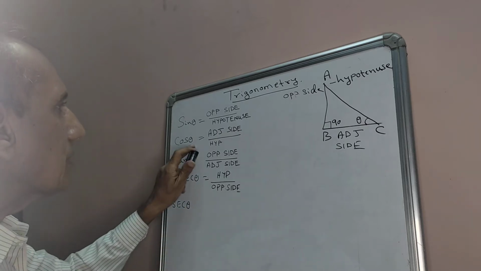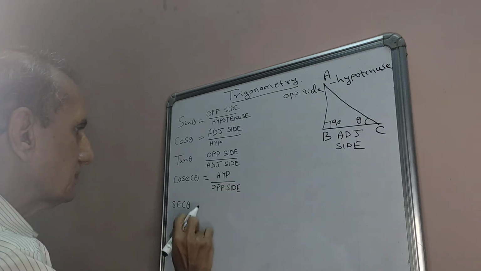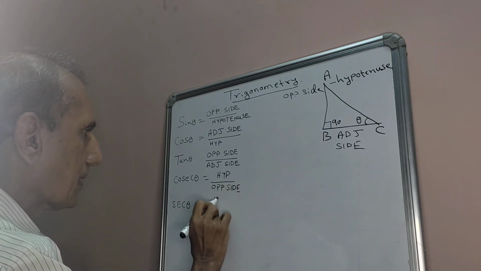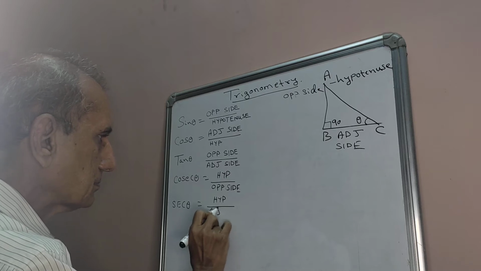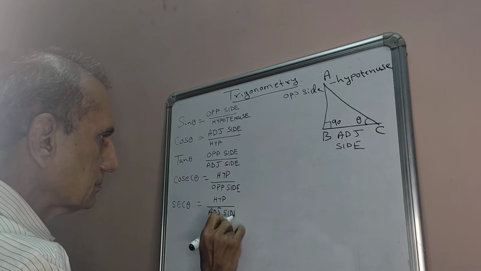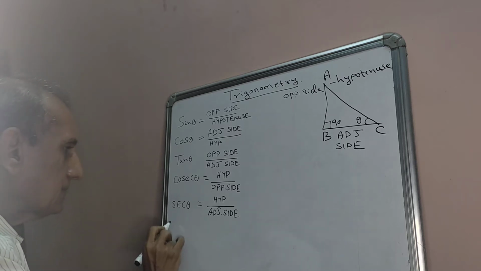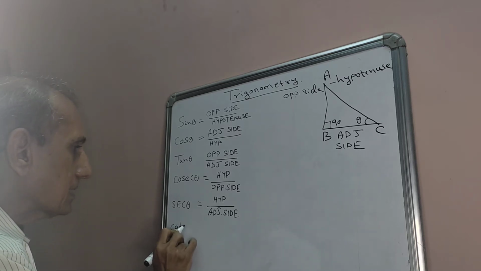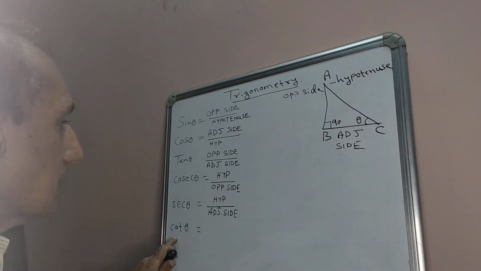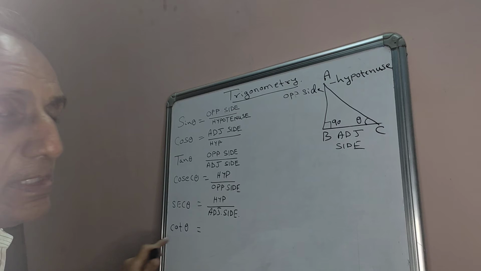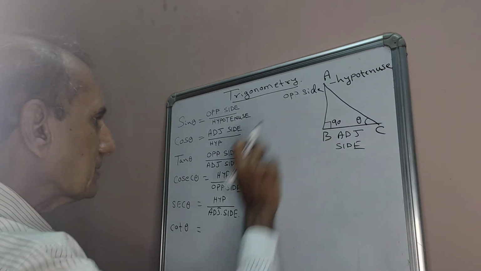Secant theta is nothing but 1 by cos, so hypotenuse by adjacent side. The last one will be cotangent. In short we call it cot theta. That will be the last one. So what is cot theta? Cot theta is again 1 by tan. So adjacent side by opposite side.